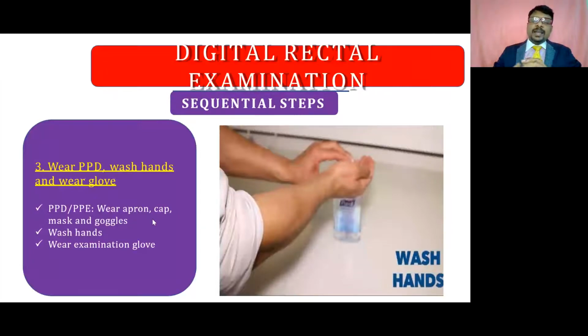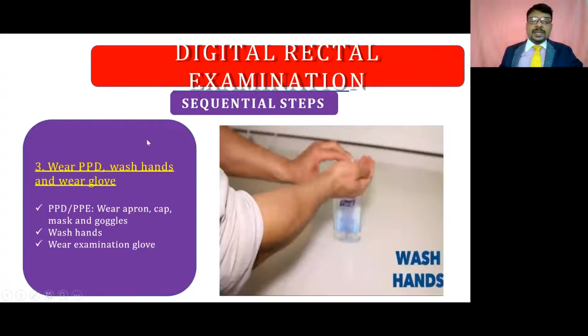That means we can prevent contamination, because we are going to handle waste materials like excretory materials in the anal region, so there may be a chance of contamination. That is the reason we hand wash properly and wear the gloves, mask, goggles and cap properly, then start the assessment procedure. And also hand wash and wear the examination gloves.